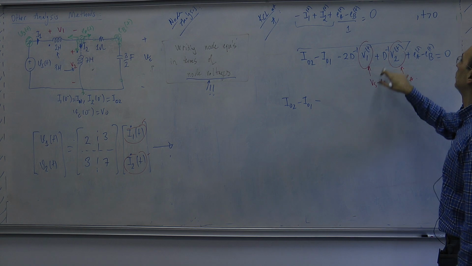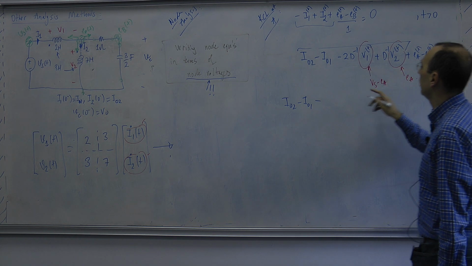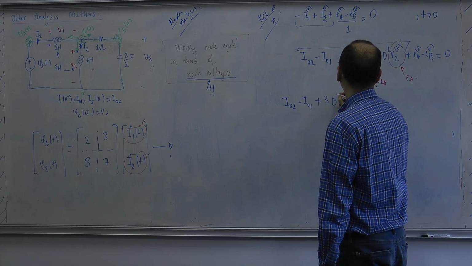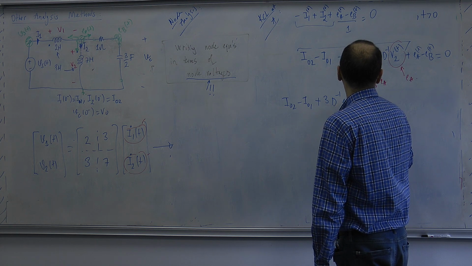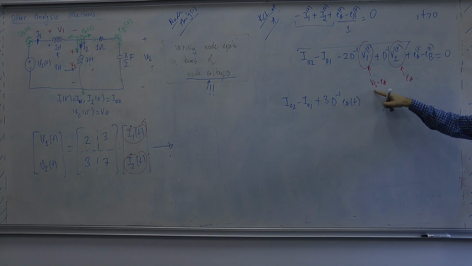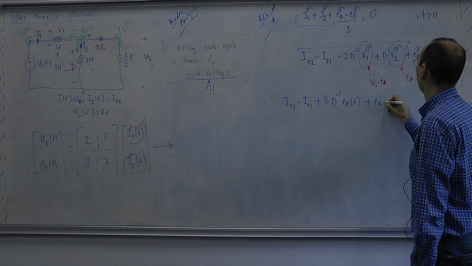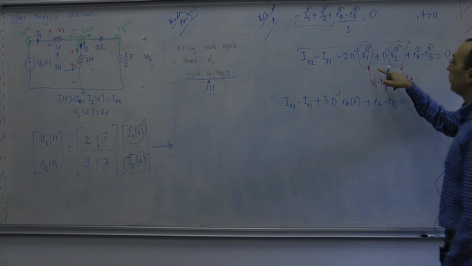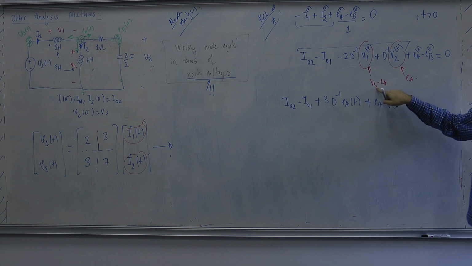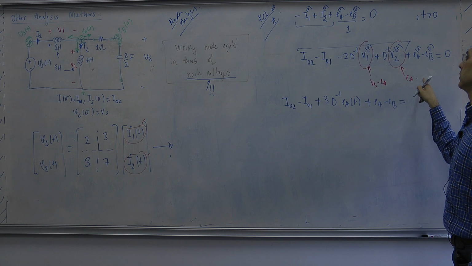Minus 2 plus, this is 3. Okay, there should be a Vs somewhere. Since Vs is forcing term, it's known, I want to move it to the right hand side.